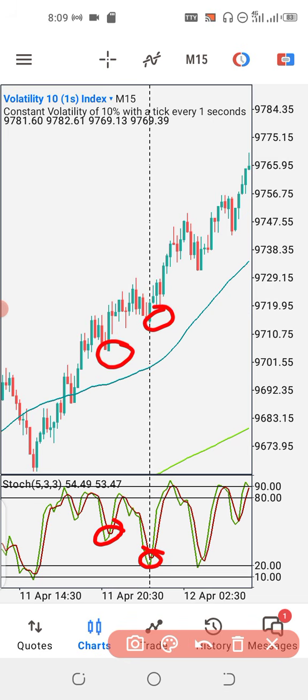Do you see the difference between the main chart and the indicator? They are not going in the same direction. The indicator is coming down when you draw it, while your chart is going up if you are drawing it. This is the real divergence.